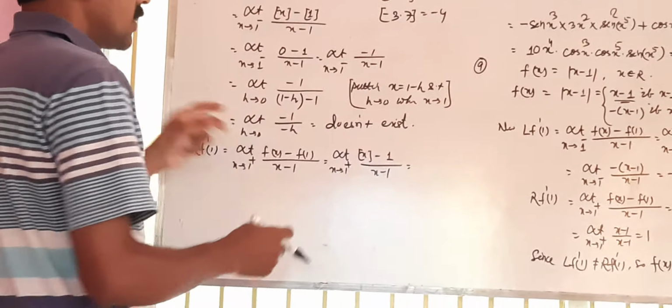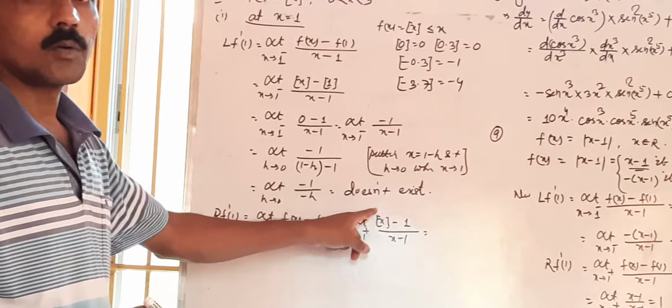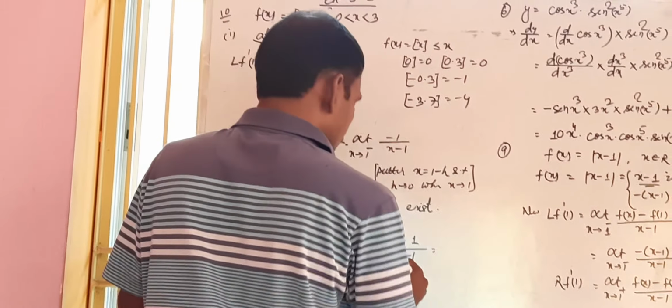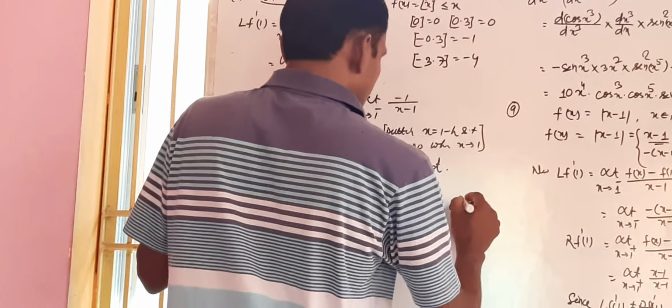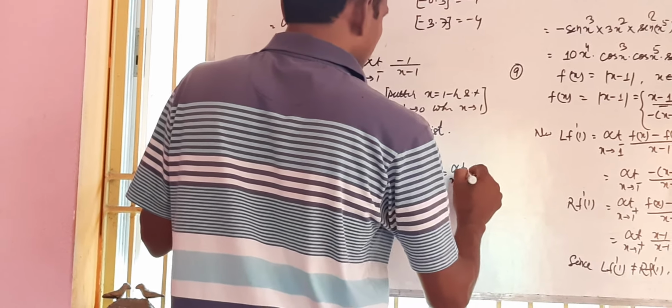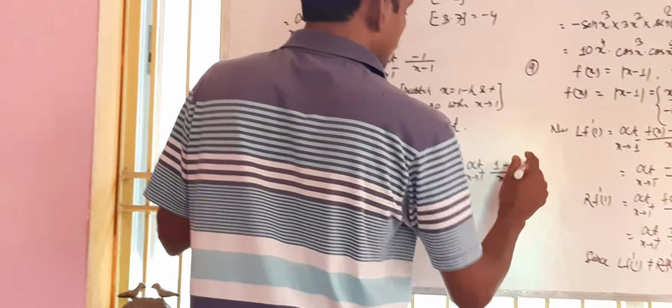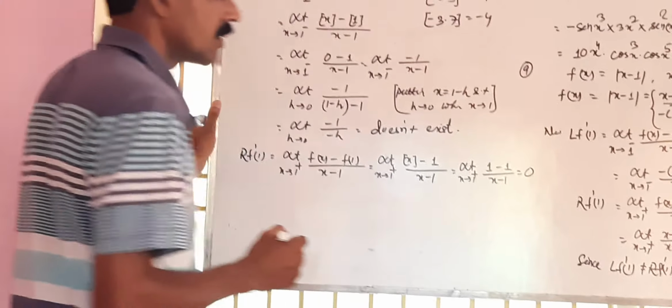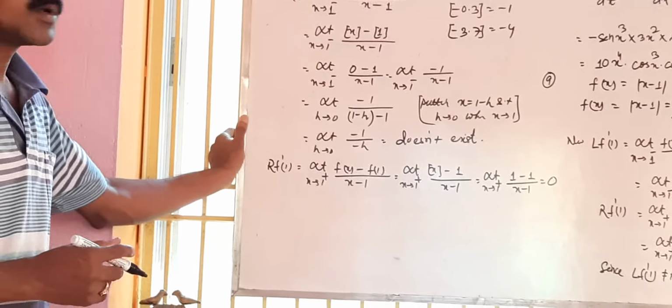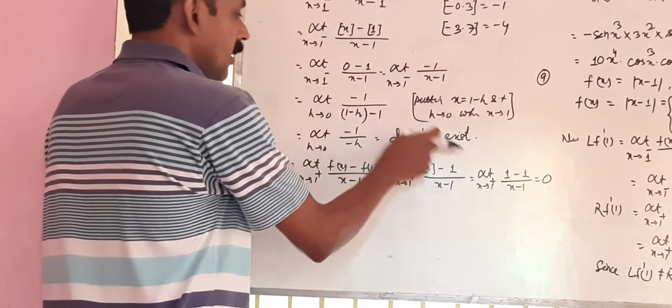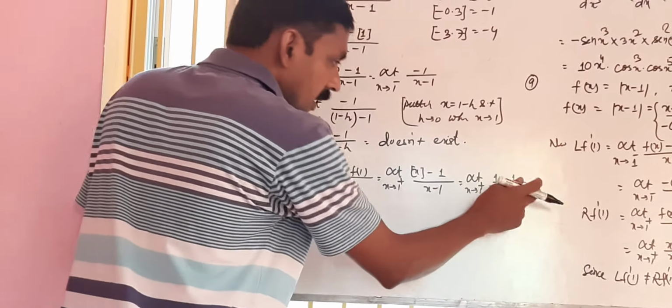Here 1 plus means 1 point something, and 1 point something means the value will be 1. So it is 1 minus 1 by x minus 1. Now the numerator is 0, so this value is 0. So the left hand derivative does not exist, but the right hand derivative is 0.